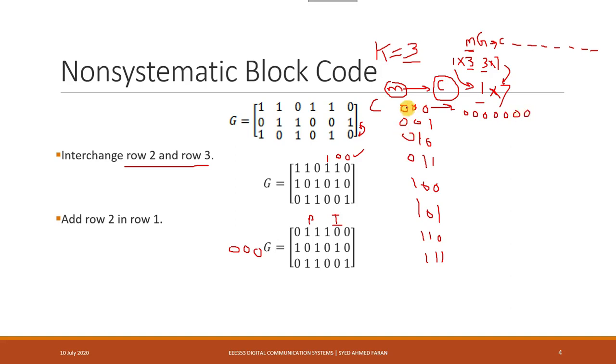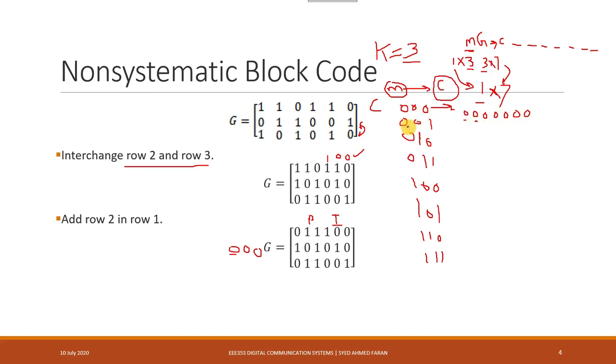You can make this calculation: 0 multiplied by this 0, plus 0 multiplied by this 1, plus 0 multiplied by this 0, and this will give you the first bit. For the second component of this vector, you multiply 0 with 1, plus 0 with 0, plus 0 with 1. So you get 0 again. For 0 0 0, you will always get this answer.